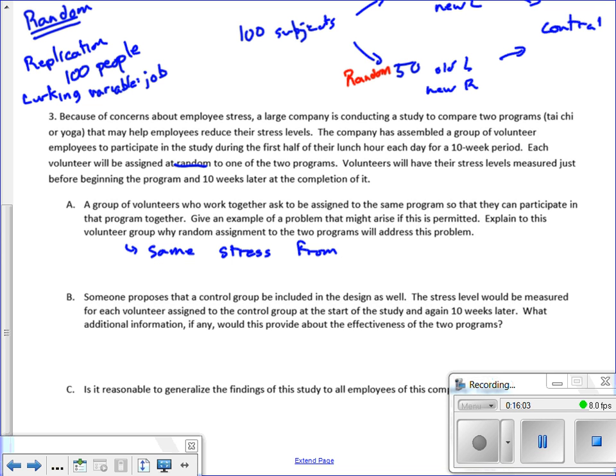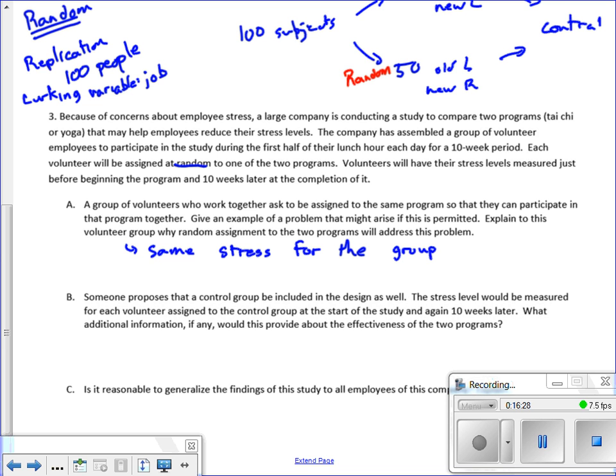So when they're all from the same group, that means they're all exposed to kind of the same stresses. So kind of the same stress for that group. And so that could affect it, coming into it, they could be more stressed to begin with. So it'd be better to spread those folks out, and hopefully randomness would do that.